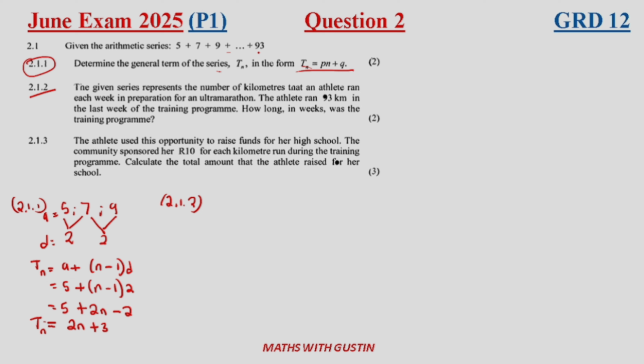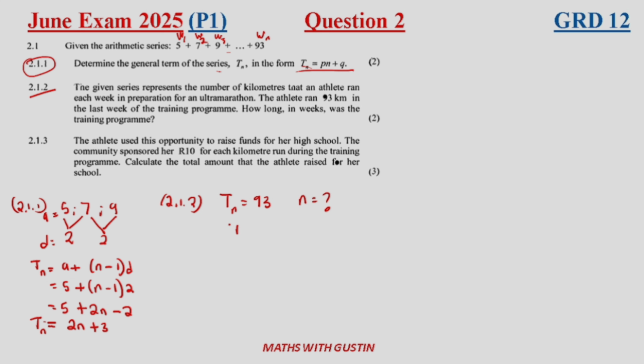They are saying the athlete ran 93 kilometers in the last week of the training program. How long in weeks was the training program? Basically, if we know that this athlete ran 93 kilometers, they are looking for n. We already have the formula, which is 2n plus 3.